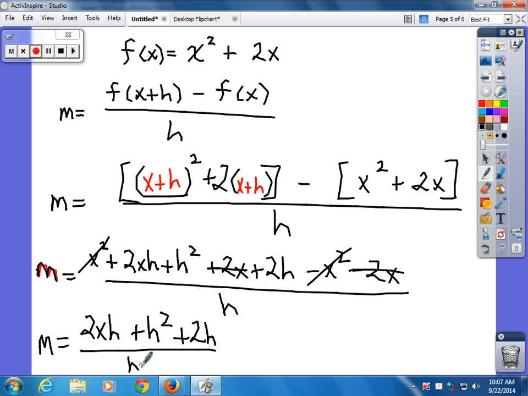And what's in common at the top? So factor out an h. And that's going to leave you, what's going to happen to the single h on top that you factored out and the h on the bottom?